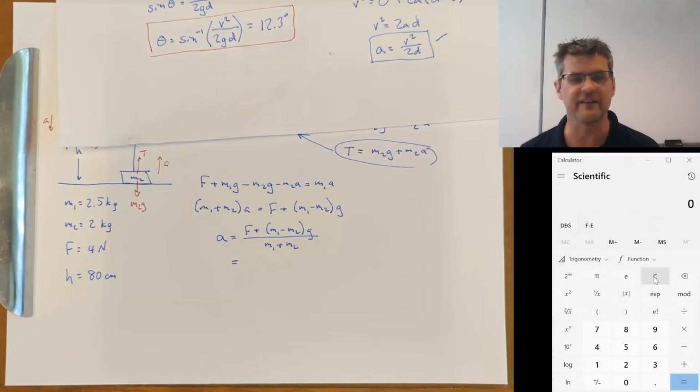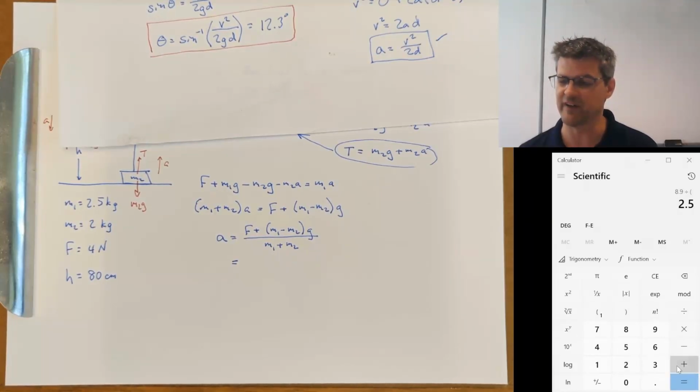I know that M1 minus M2, so 2.5 minus 2 times 9.8. Okay, so I need to add to that the force, plus 4 is equal to this, divide by the sum of the masses.